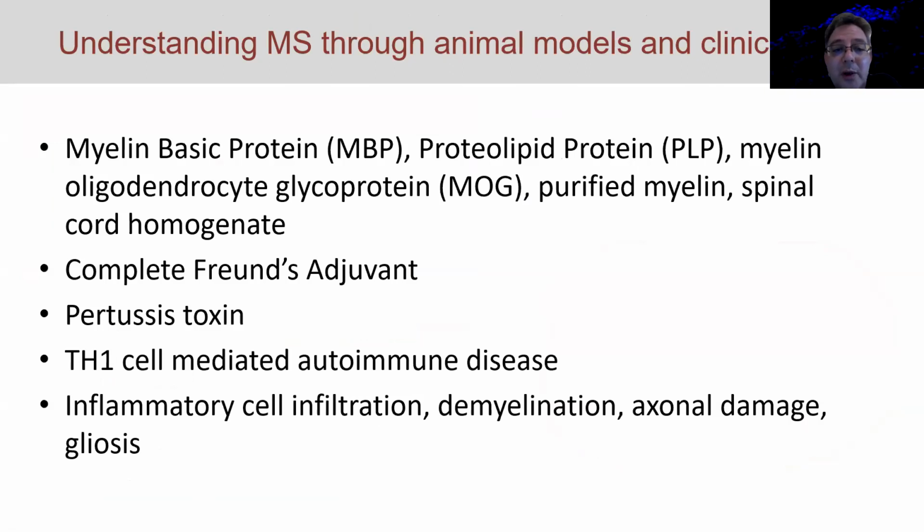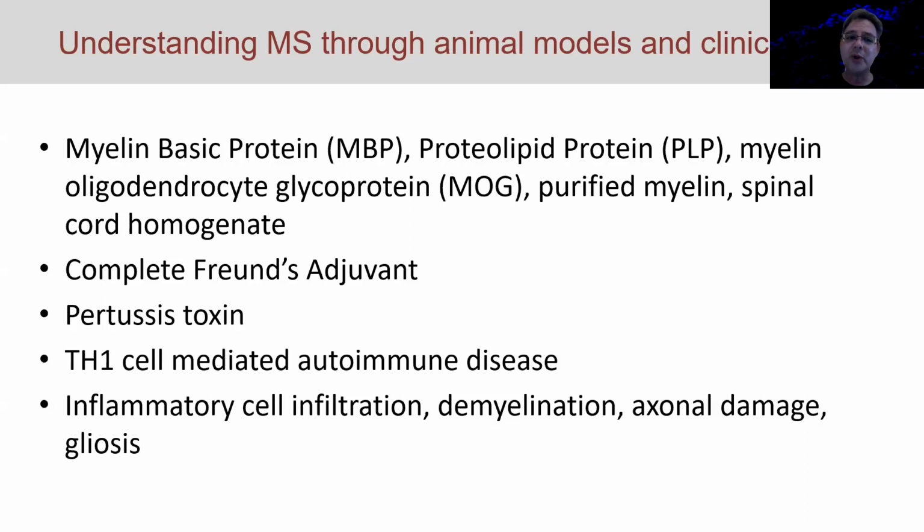It includes myelin oligodendrocyte glycoprotein, and various purified myelin constituents in their own right, where we actually get all the proteins and glycolipids together, which produce an immune response against them.